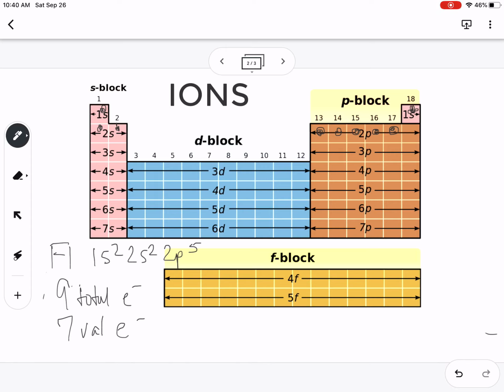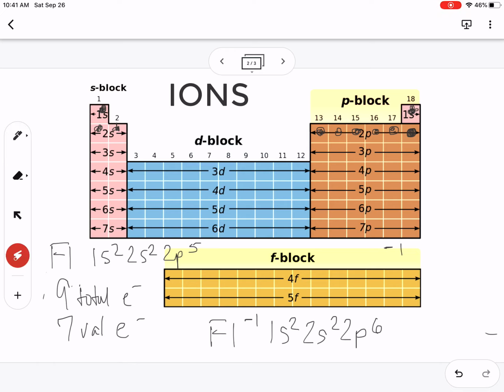Okay, now it would be a lot of trouble to take off 7 electrons. That's a lot of energy. The way to make it a noble gas when it's an anion is it wants to add some electrons. So when I become fluoride, I become a -1 because I added 1 more electron. So now my noble gas configuration, or my electron configuration, is 1s2, 2s2, 2p6.